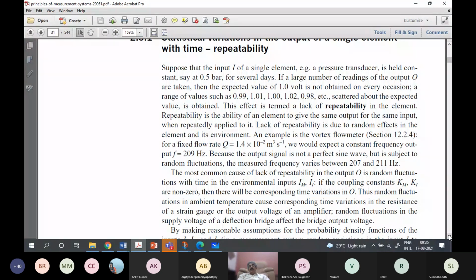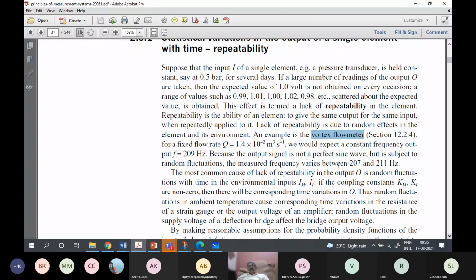When we study vortex flow meters, we'll see that they put an obstruction in a flow field and create vortices, which create a vibration in a sensor of a certain frequency. But as you can see, these flow streamlines are kind of random.